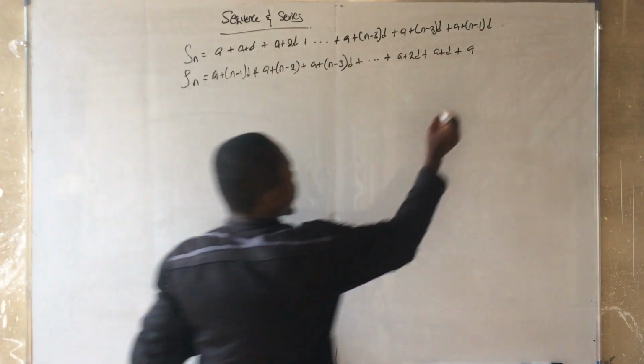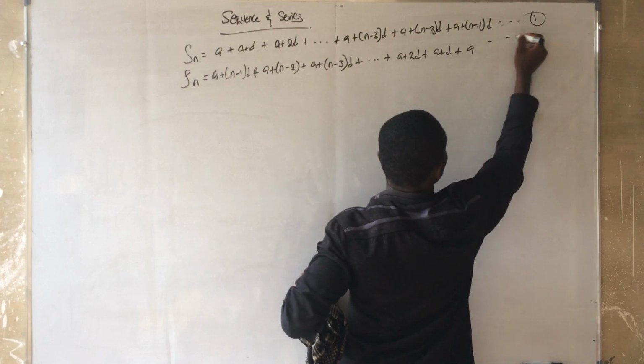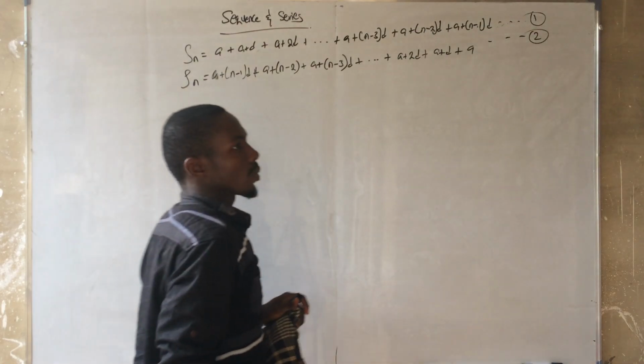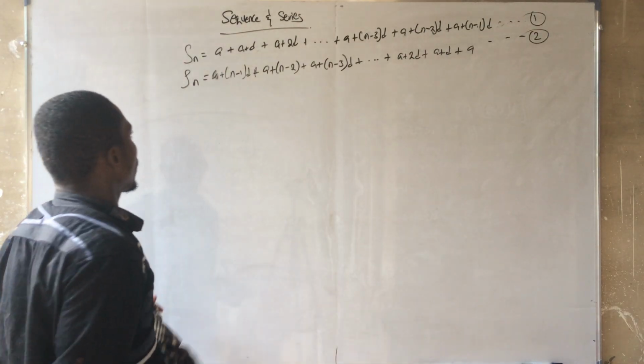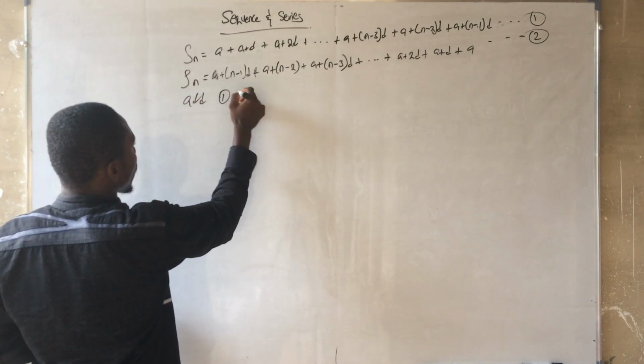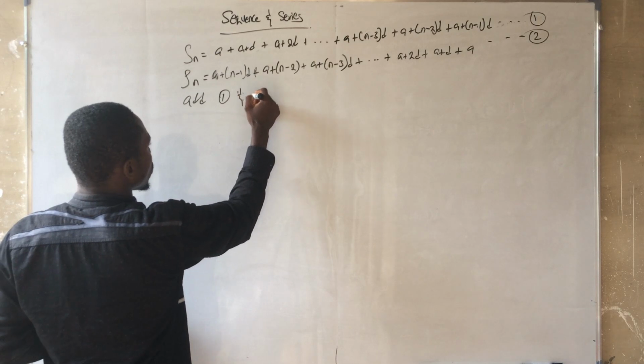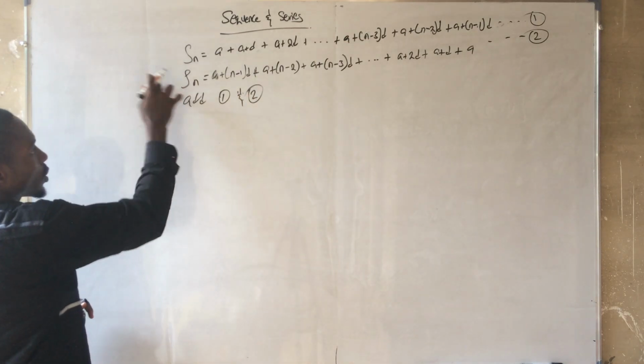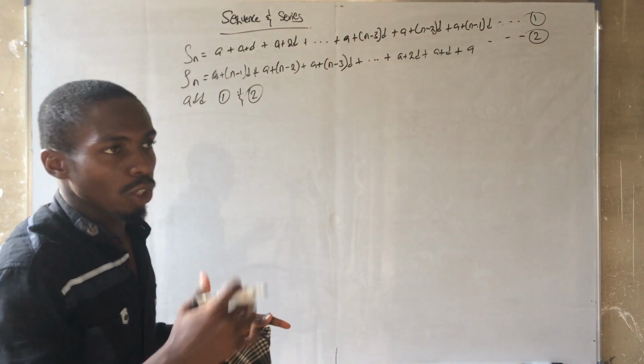Now we'll call this one equation 1. We'll call this one 2. If you like, call it anything. What we are going to do now is add 1 and 2. When you add 1 and 2, whatever you do to the left side, you do to the right-hand side.